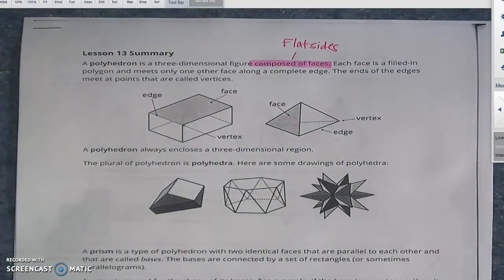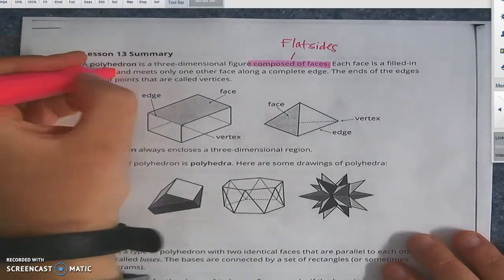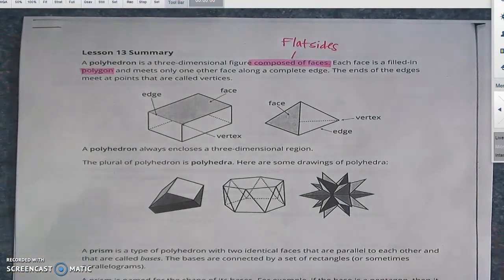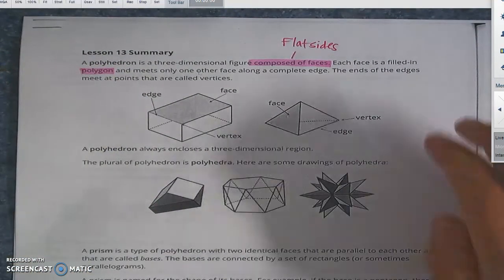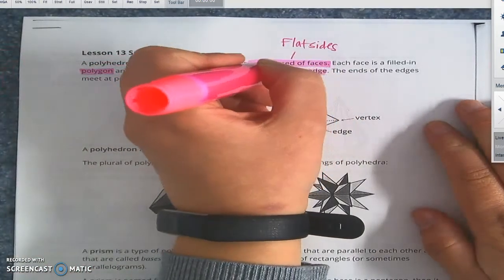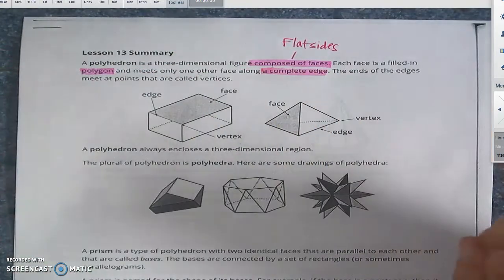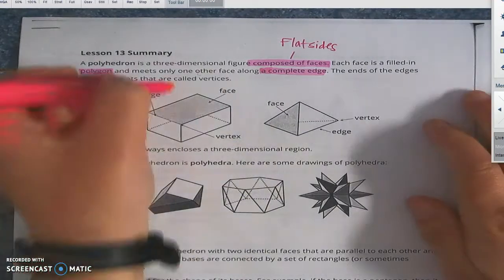Each face is a filled-in polygon that meets only one other face along a complete edge. And the ends of the edges meet at points that are called vertices.